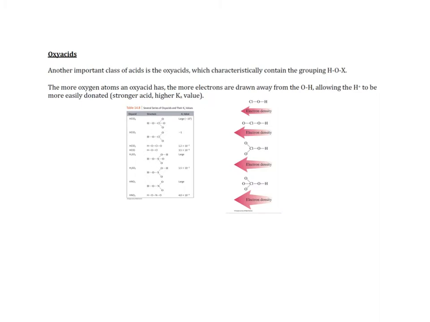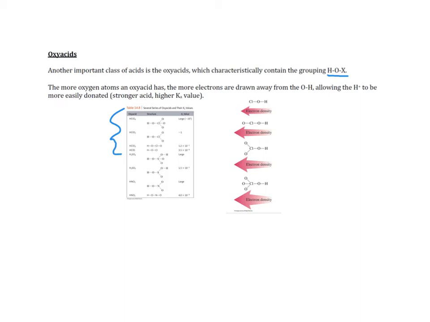Now let's talk about the importance of structure in oxyacids. So hydrogen bonded to an oxygen bonded to some atom X. These first 4 acids in the chart all have hydrogen and oxygen and chlorine, just different numbers of oxygens in the oxyacids.